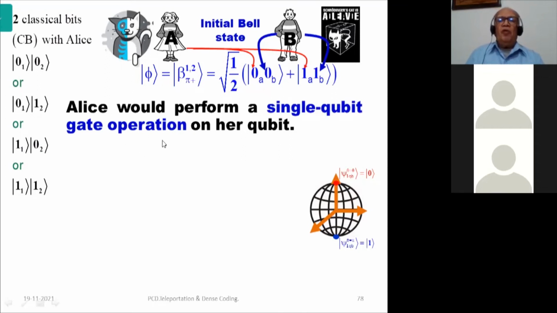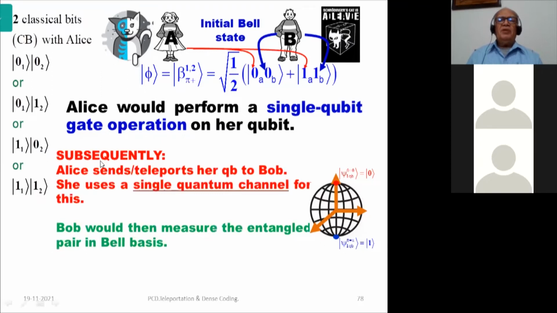And Alice would perform a single qubit gate operation on her qubit. That is in her possession. Even if Bob is away, at a remote location, he could be in a different galaxy, it doesn't matter. But Alice has her single qubit, and on this qubit, she will perform a gate operation. And subsequently, Alice will send this quantum of information.